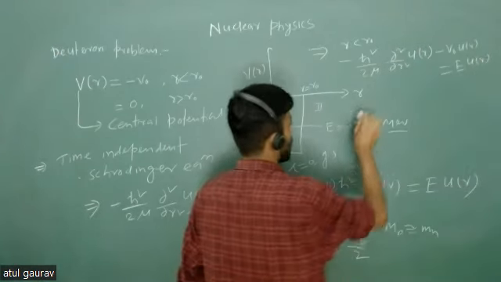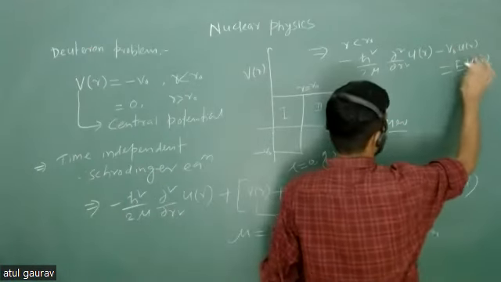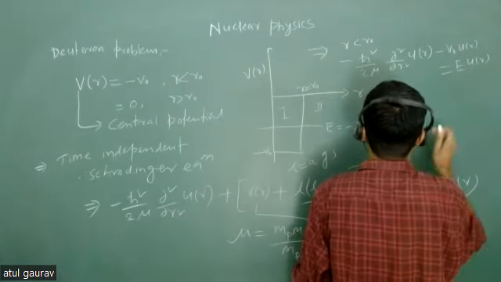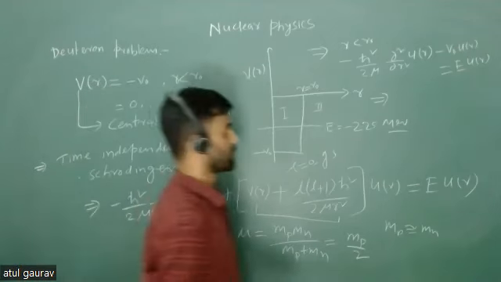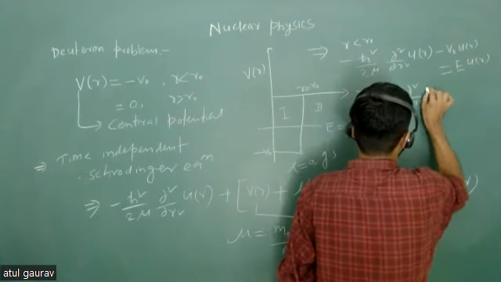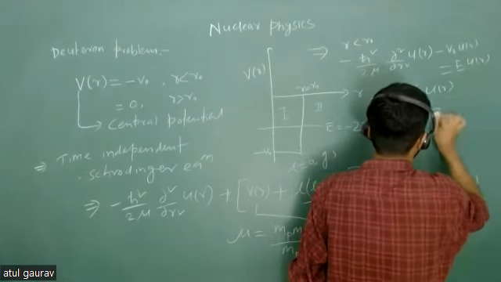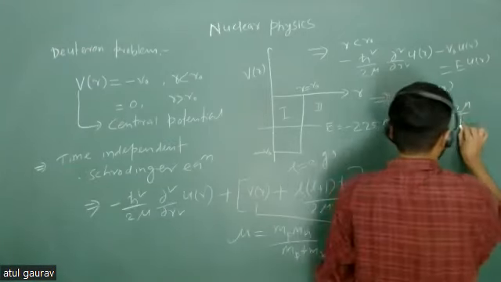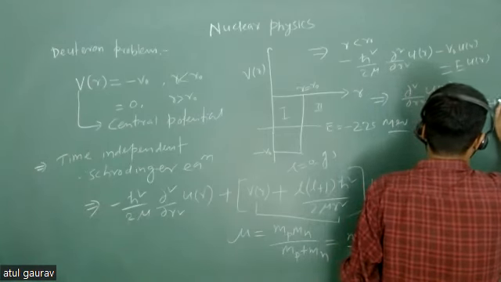And if you bring V naught over, it will become del square by del r square u of r equals minus 2 mu by h cross square, E plus V naught, u of r.